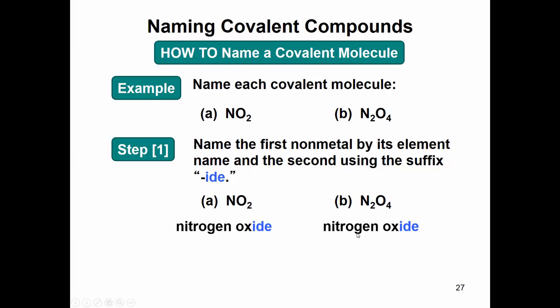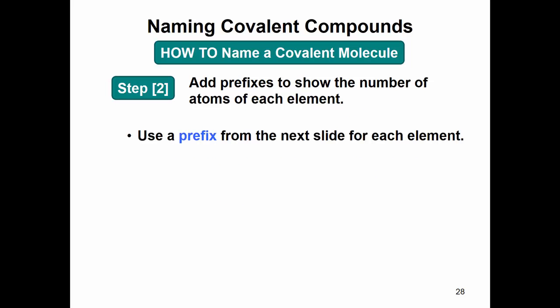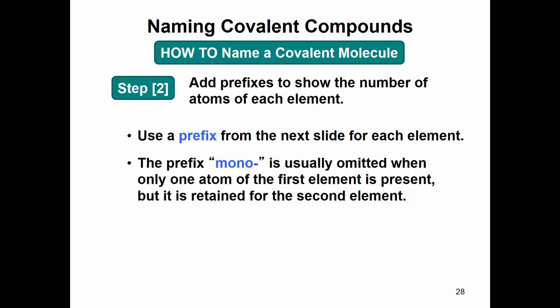If you've watched the videos on naming ionic compounds, this has been the same situation. But then you have to add prefixes to the names, and I'm going to show you these on the next slide. If you have one atom in your first element that's listed in the name, you do not have to write mono.